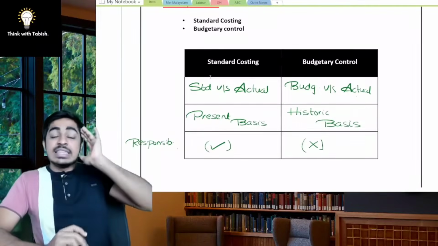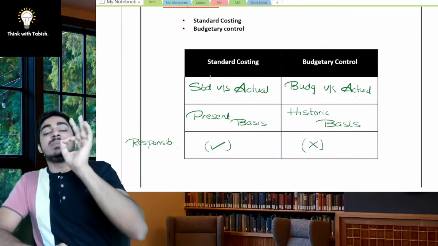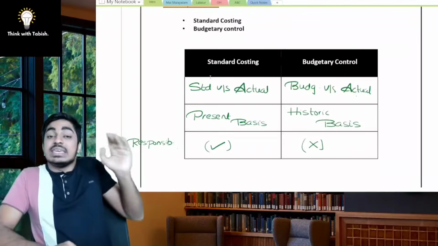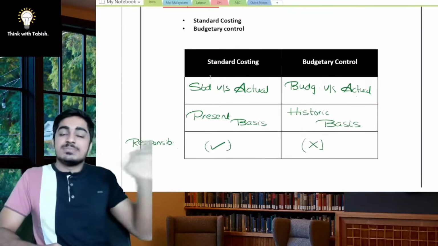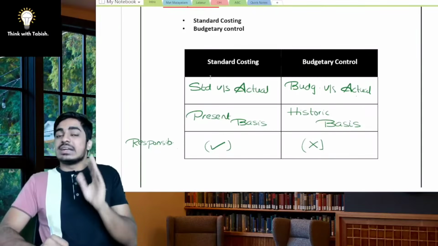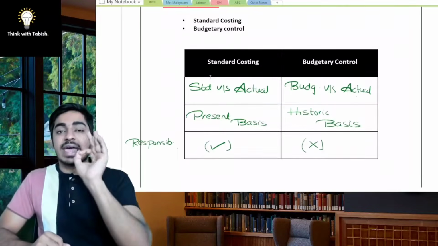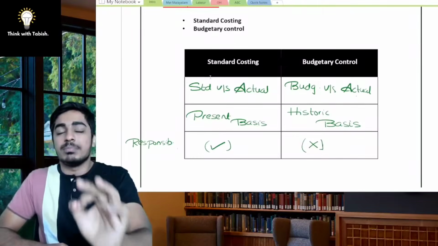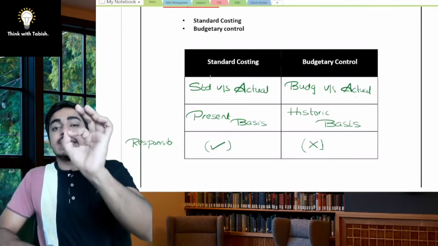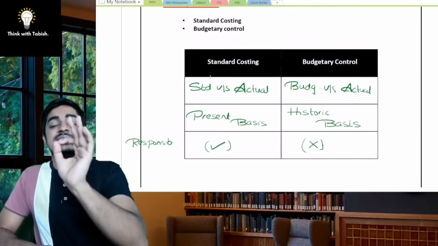Last year, I purchased materials for 1000 rupees. So I think I can purchase the material for 1000 rupees this year also. That is the budget. What is the standard? Right now, if I place the right bid, I look at all the suppliers and see where I get the materials for the least price. I can get it for 1500. That is the standard.